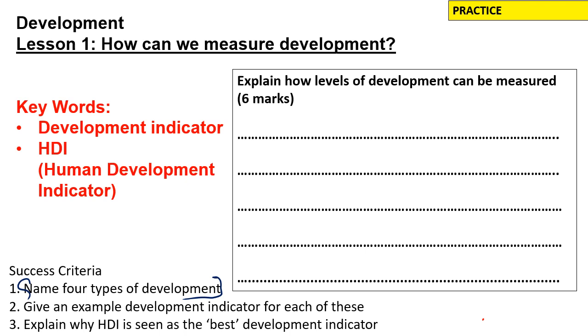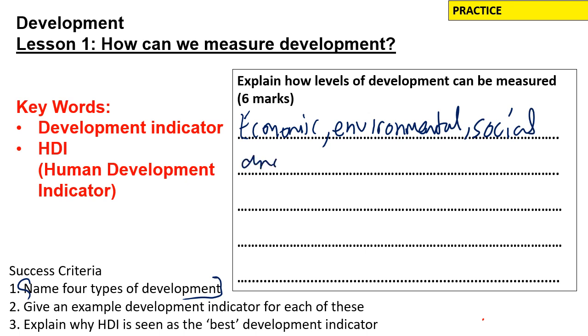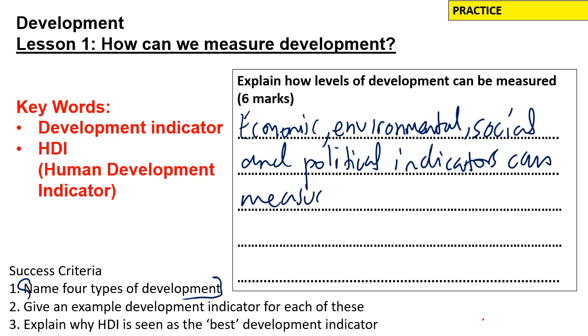So I might begin by saying economic, environmental, social, and political indicators can measure development.